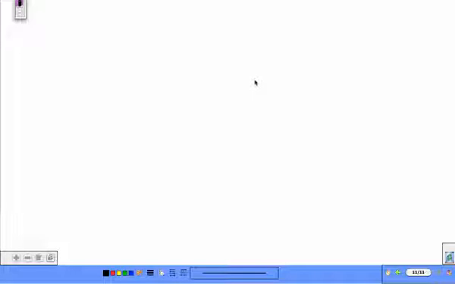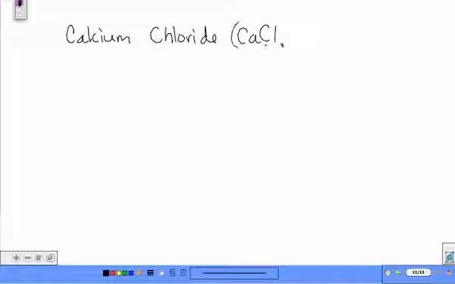So then for ionic bonding, we had this 3-step bonding, or when you show the electron transfer and the formation of the ionic bond, like in calcium chloride. What's the formula for calcium chloride? Yep. So how would this form?